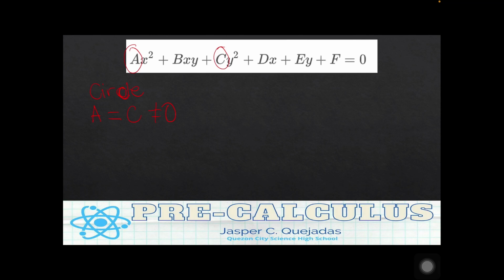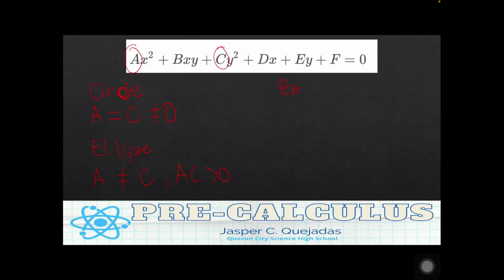Okay? And then for ellipse, A should not be equal to C, wherein their product must be greater than 0, or A and C should have the same sign. So they should be both positive or both negative.